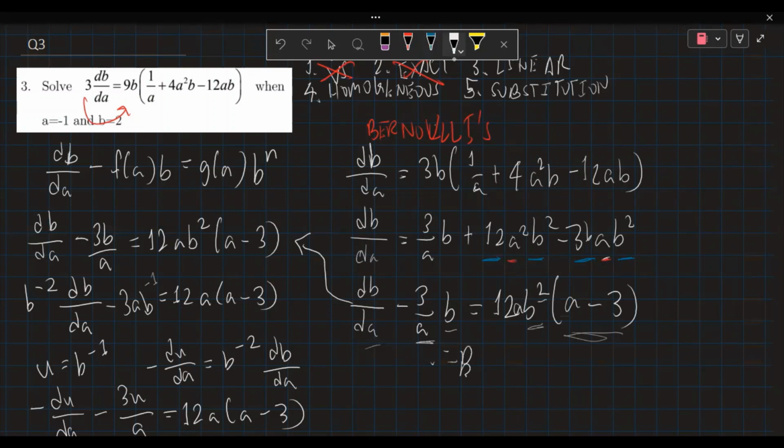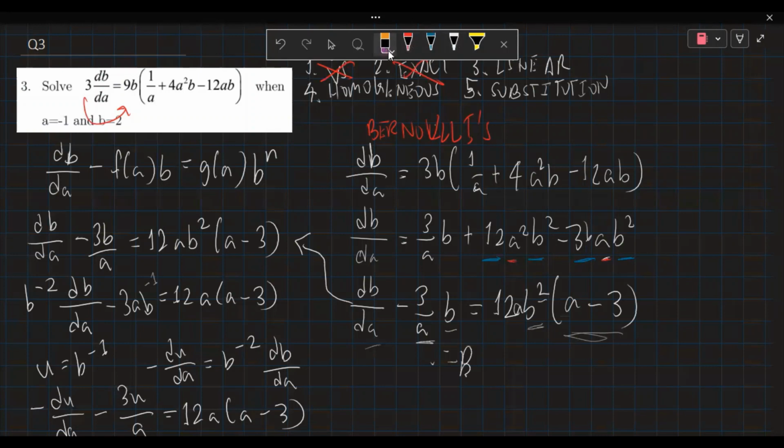Ayun. So let's visualize: b prime plus f of a times b equals g of a times b to the n. So 3 over a is our f of a, g of a is 12a(a minus 3), and then b to the n, which is b squared.